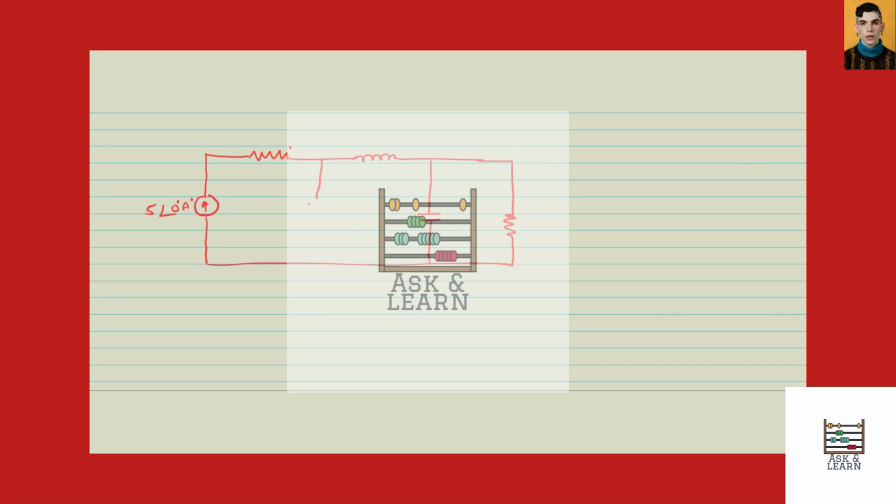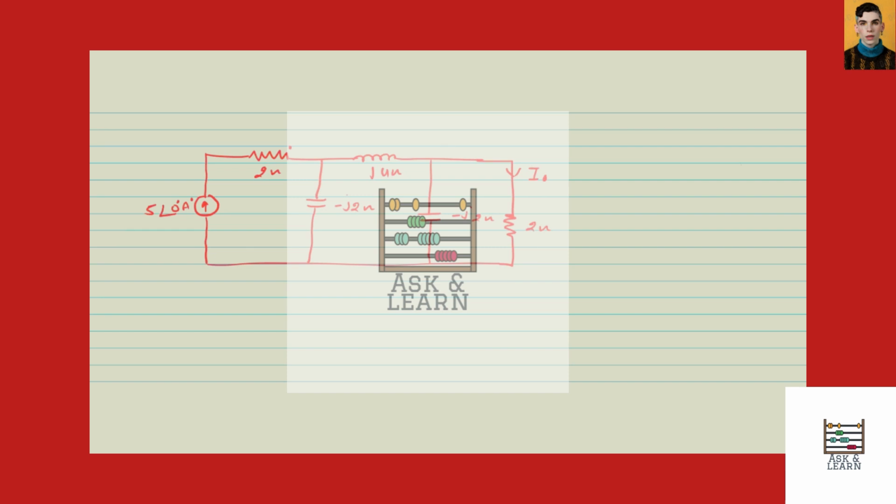The values of these elements are 2 ohm, minus j2 ohm, j4 ohm, minus j2 ohm and 2 ohm. Find out the value of current I0 across the resistor 2 ohm.